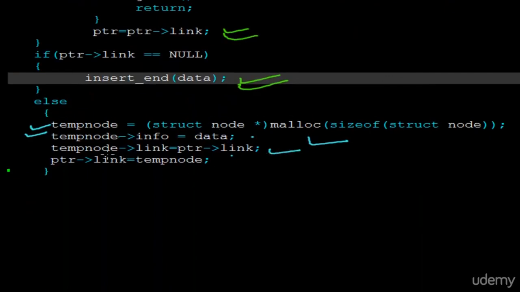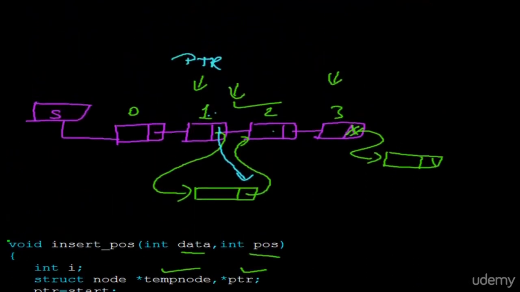So the temp node's link part will be overwritten by the address of the next node, meaning ptr's link part. At last, we will copy the address of this temp node to ptr's link part. Ptr's link part needs to be overwritten by the temp node's address.